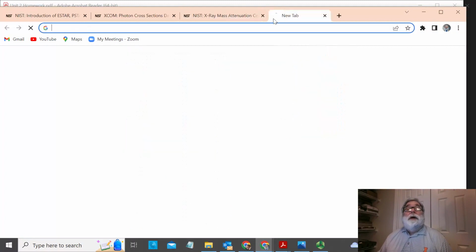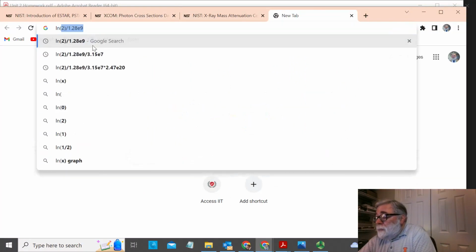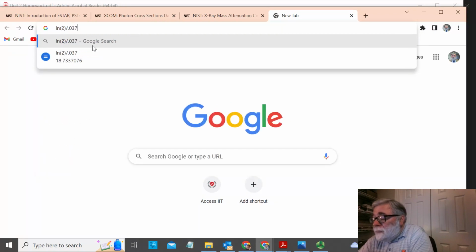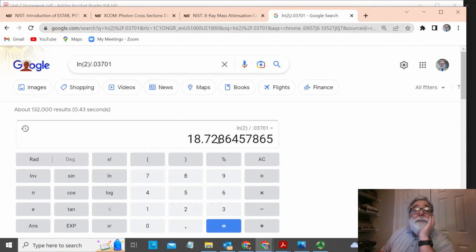So we're going to calculate here ln 2 divided by 0.03701, right? And that gives us, ta-da, 18.7 centimeters of material for a half-value layer.